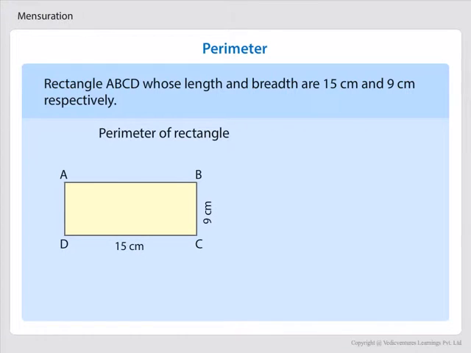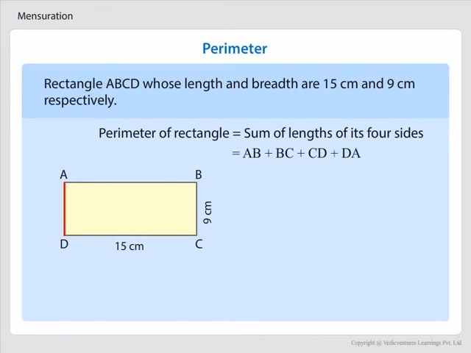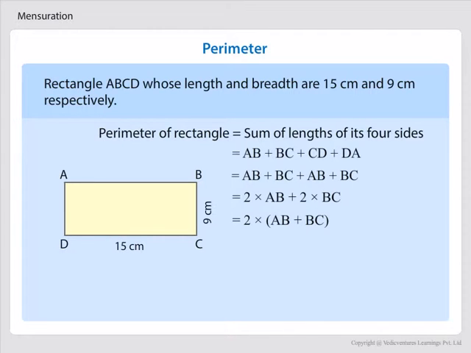Perimeter of rectangle equals sum of lengths of its four sides equals AB plus BC plus CD plus DA equals AB plus BC plus AB plus BC, since AB equals CD and BC equals DA, equals 2 into AB plus 2 into BC equals 2 into (AB plus BC) equals 2 into (15 cm plus 9 cm) equals 2 into 24 cm equals 48 cm.